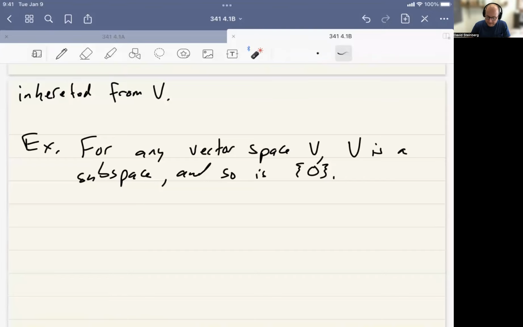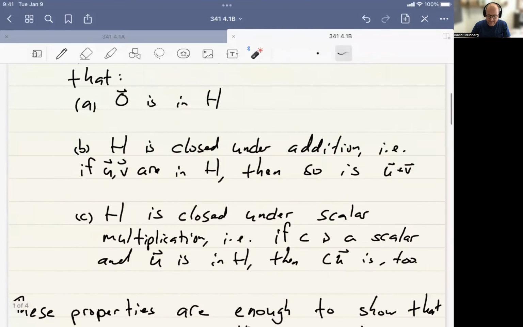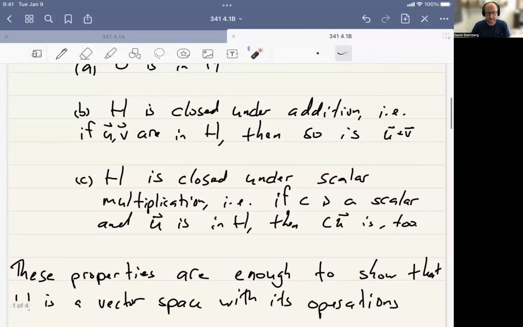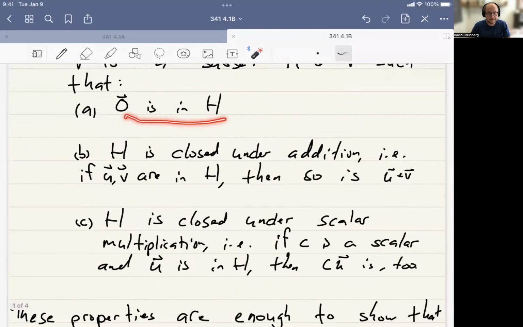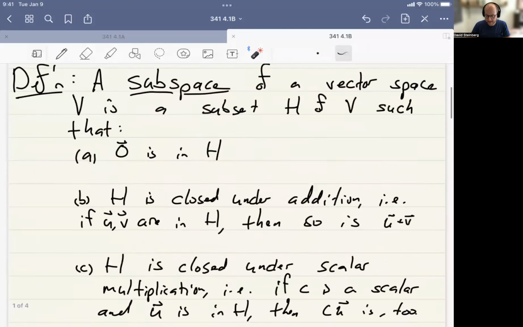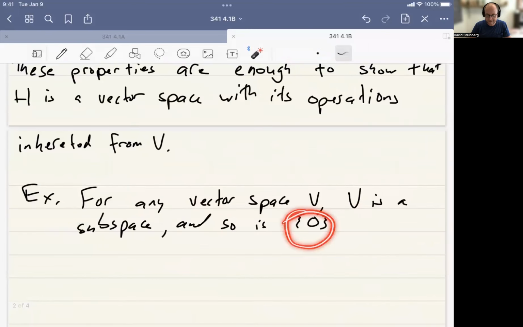How do we check this? Well, we know that 0 is in V because V is a vector space. We know that V is closed under addition because that's part of the definition of vector space, and also closed under scalar multiplication. All of those come from the definition of vector space. Now, 0 by itself is a subspace.